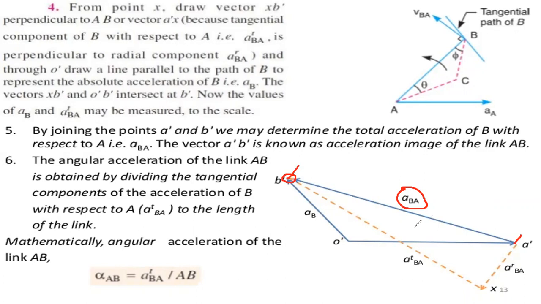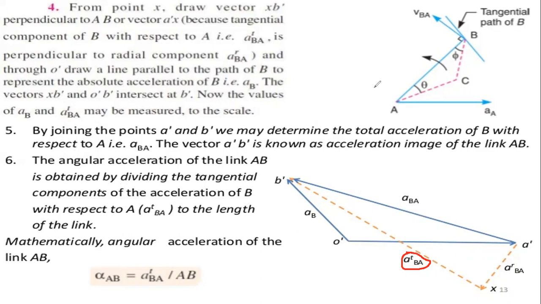So that is A dash and B dash, the acceleration image of the link AB. The angular acceleration of the link AB is obtained by dividing the tangential component of the acceleration of B with respect to A, that is ATBA, by the length of the link.